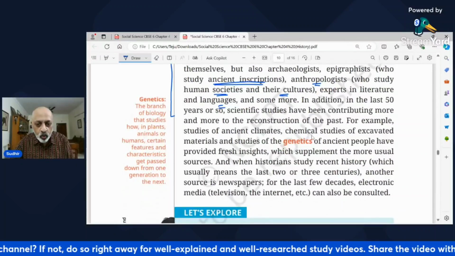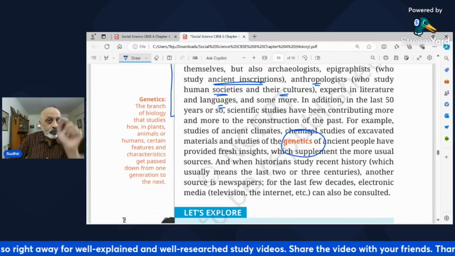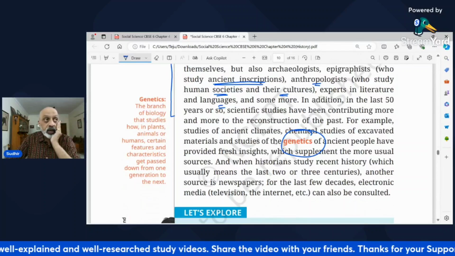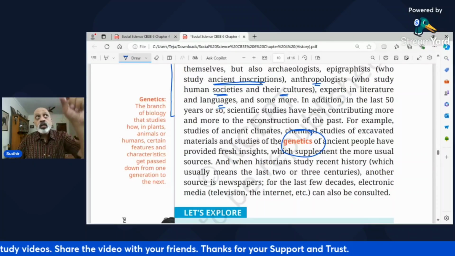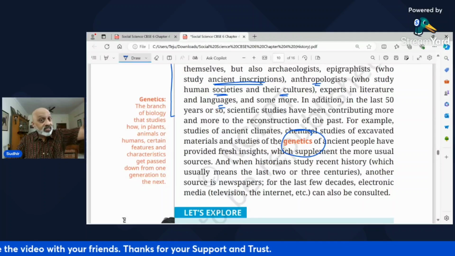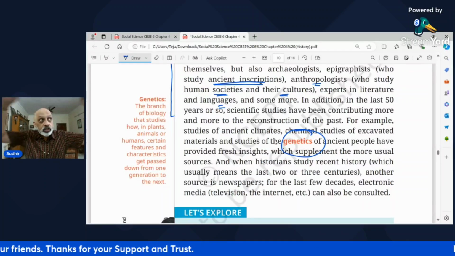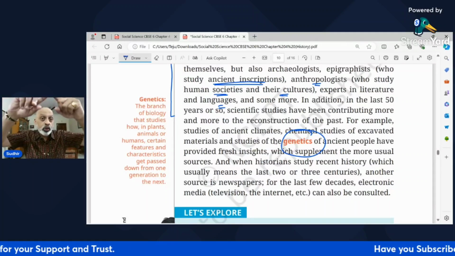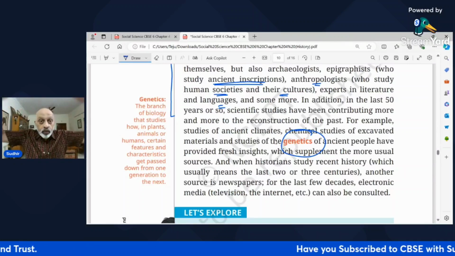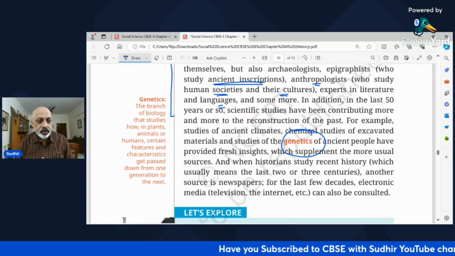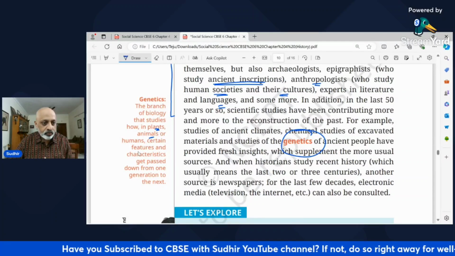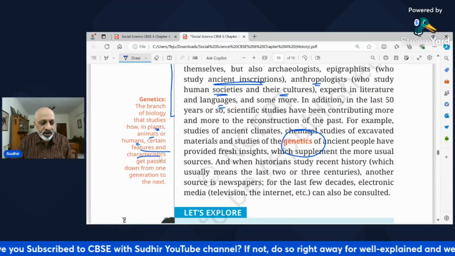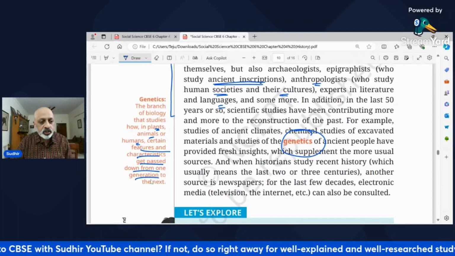But essentially now what is happening is that what I just gave you the example of the tribes from Nicobar or any other part, that through genetic study, you are able to see that, oh, these people have the same genes as this people, which means that these two people were close to each other at some point of time, or maybe came from the same family tree. So genetics is the branch of biology that studies in plants or animals or humans how certain features or characteristics get passed from one generation to the other.